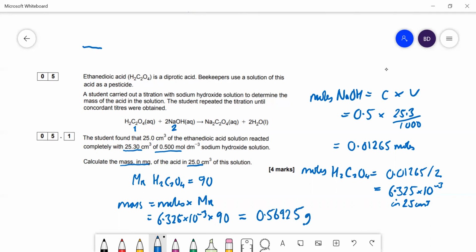It asks us in milligrams, so we've got to multiply it by 1,000, and then think about significant figures. All the data is given to 3 sig figs, so that's going to give us 569 milligrams. That is our answer.